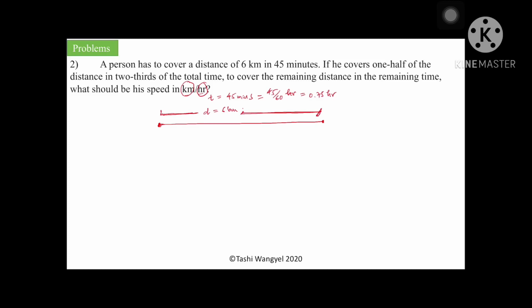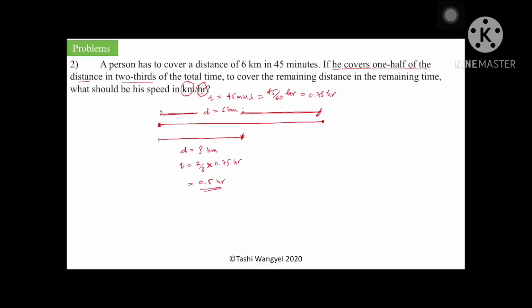If he covers one half of the distance in 2/3 of the time, then half the distance, 6 km divided by 2, is 3 km. The time is 2/3 of the total time, 2/3 multiplied by 0.75 hour, which is 0.5 hour.